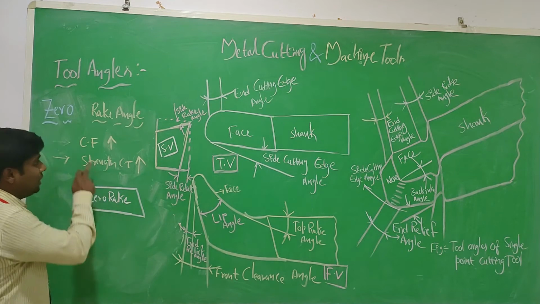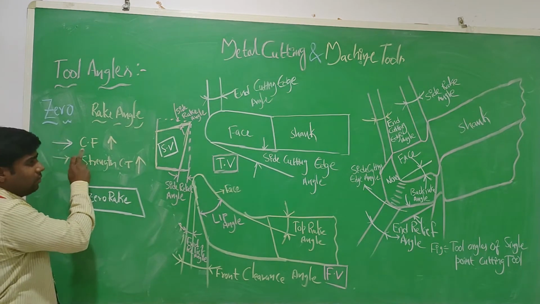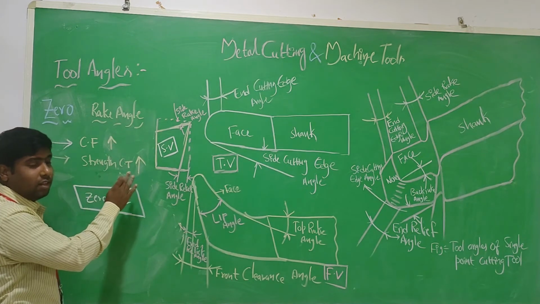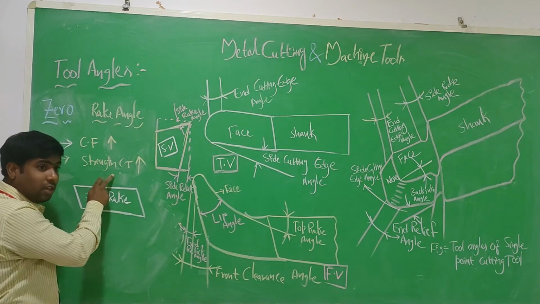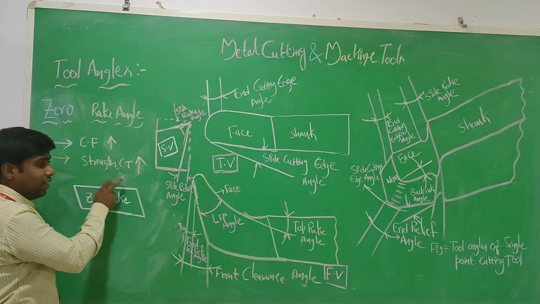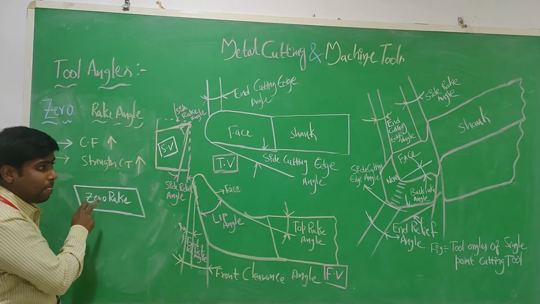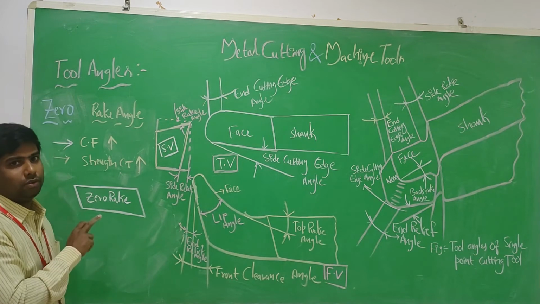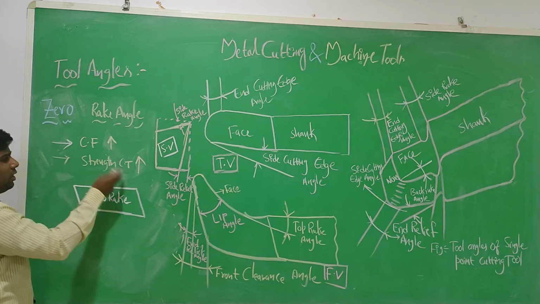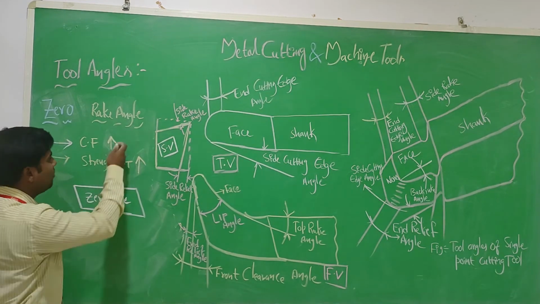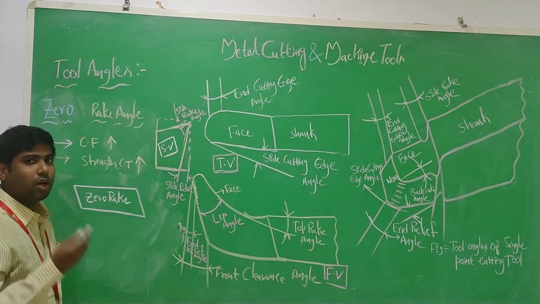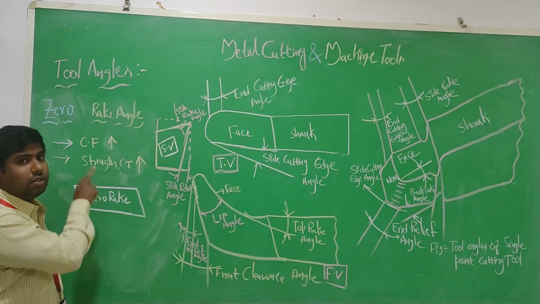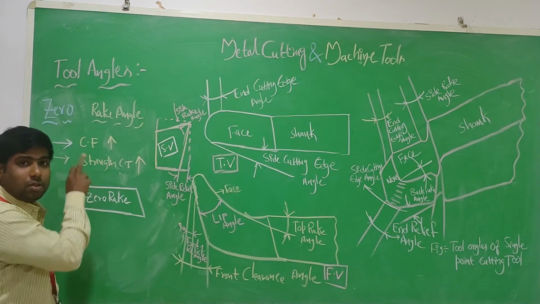Due to zero rake angle, the strength of the cutting tool is very high compared to negative rake angle, so automatically cutting forces are also high. Compared to negative rake angle, the cutting forces are less and strength is also less.